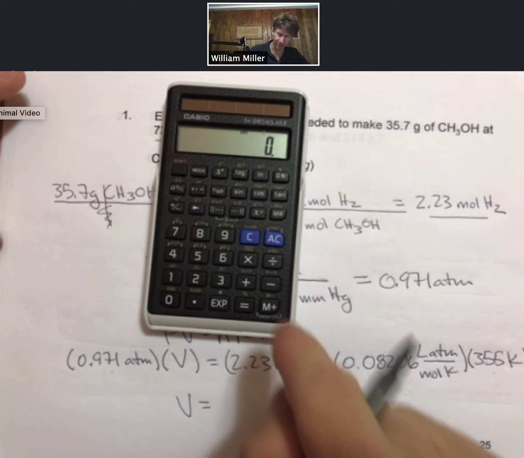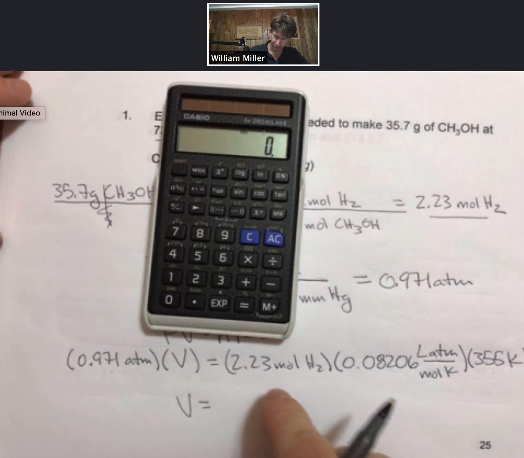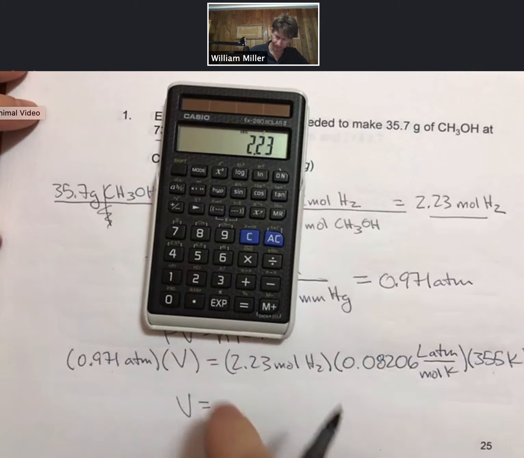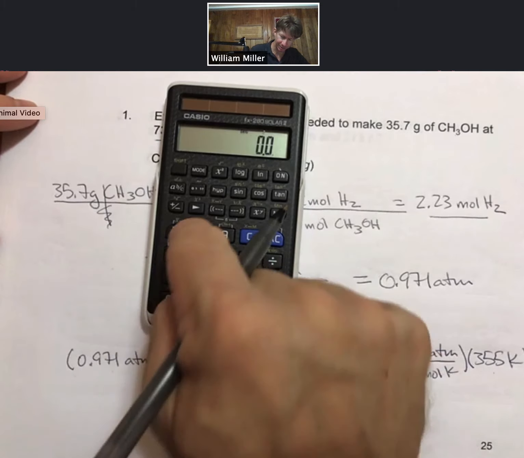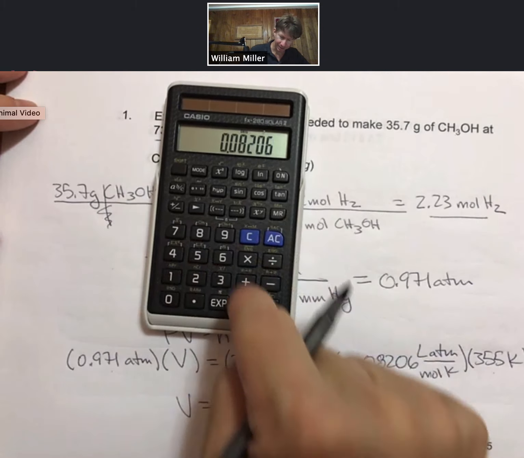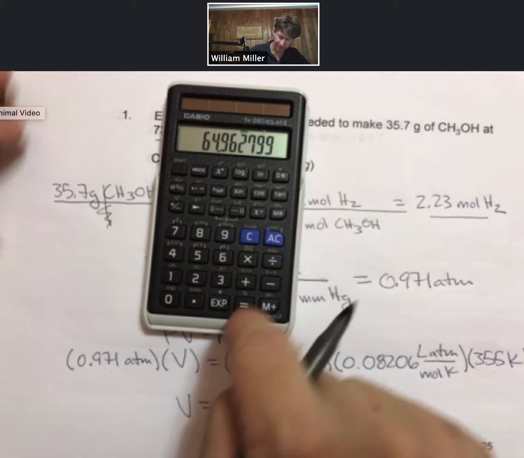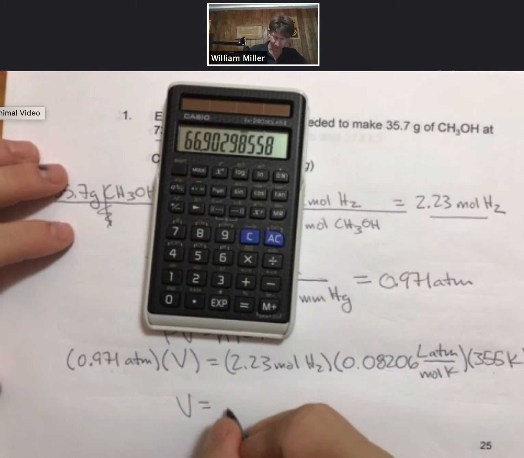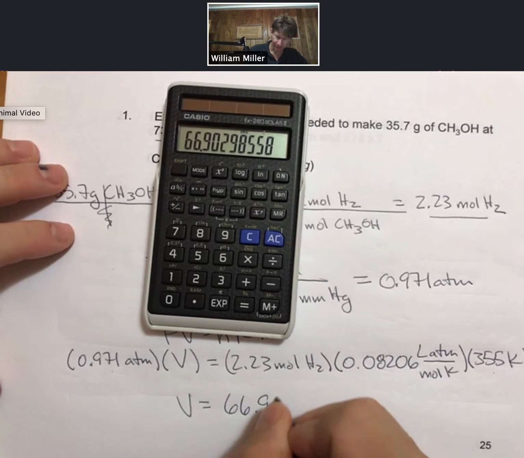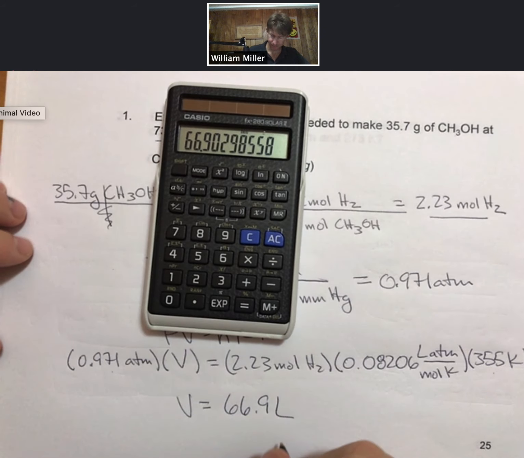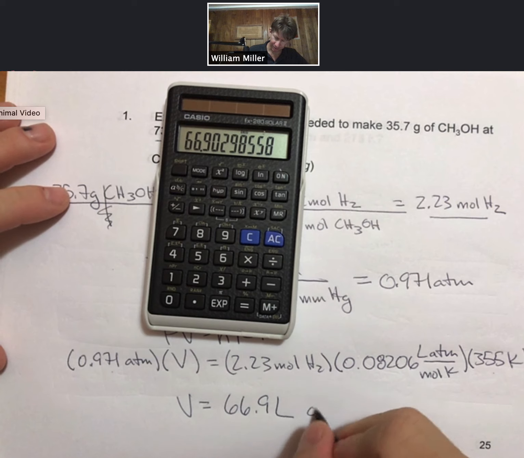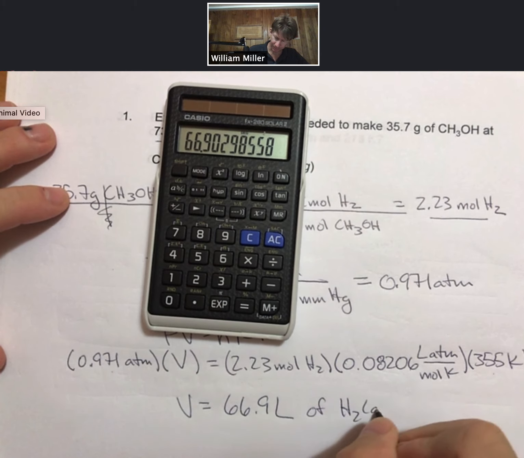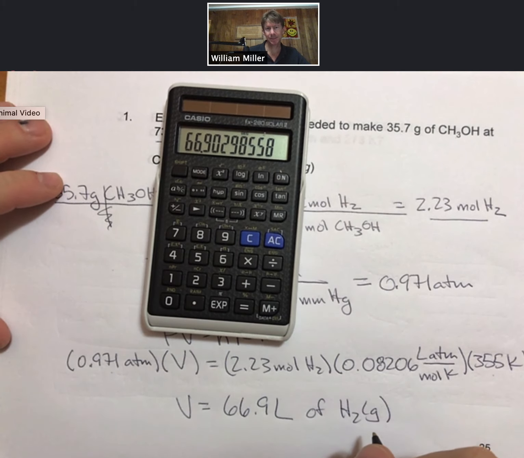Apologize if this is a little jumpy. 2.23 times 0.08206 times 355 divided by 0.971. I get 66.9 liters, and that's a fine answer. You can also write of H2 gas, since that's what it is.